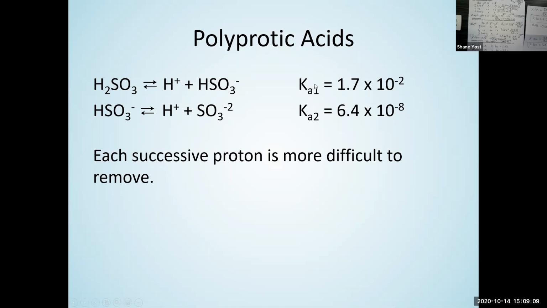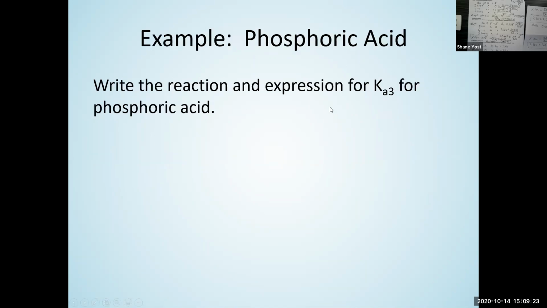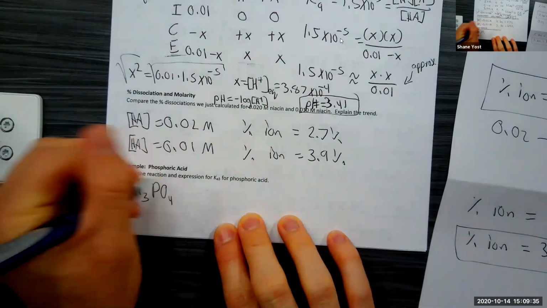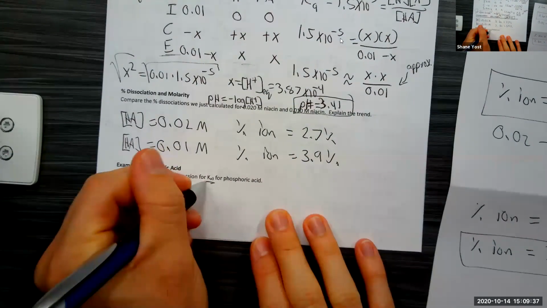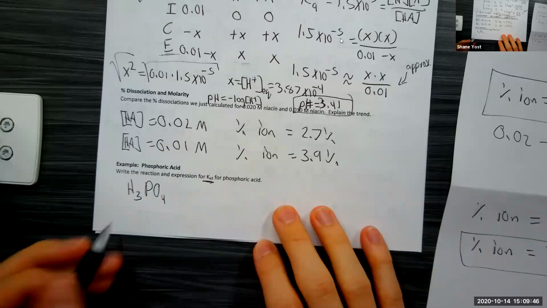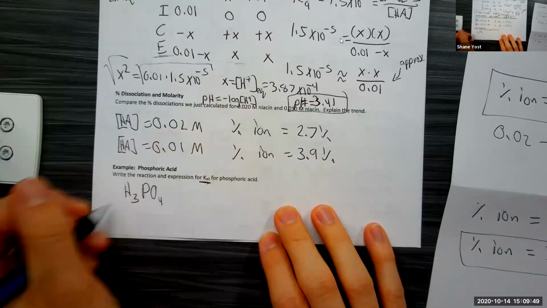We use these little notations, Ka1, Ka2, to indicate the first proton that's donated, then the second proton that's donated, and so on. So for example, for Ka3 for phosphoric acid, H3PO4, Ka3 is asking for the equilibrium constant for the donation of the third proton to solution, which means my phosphoric acid has already donated 2.